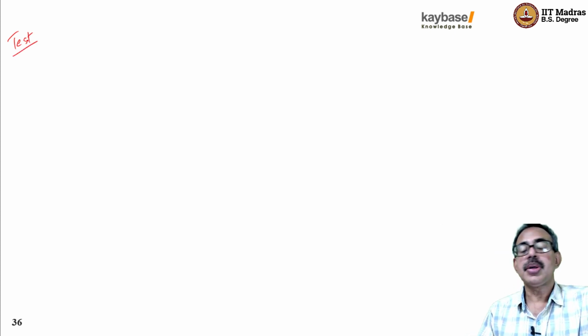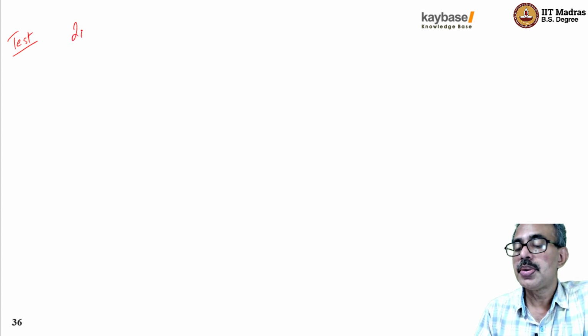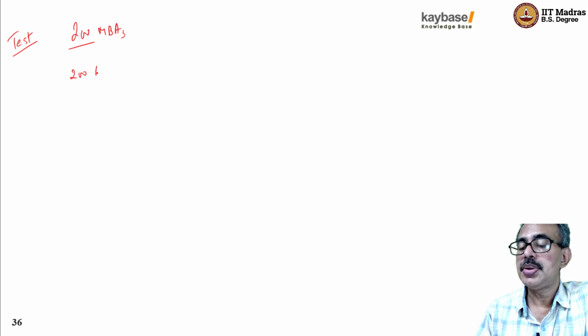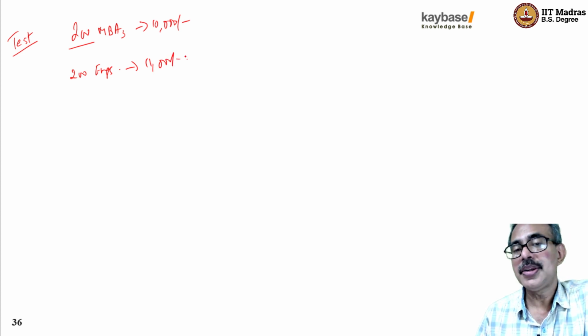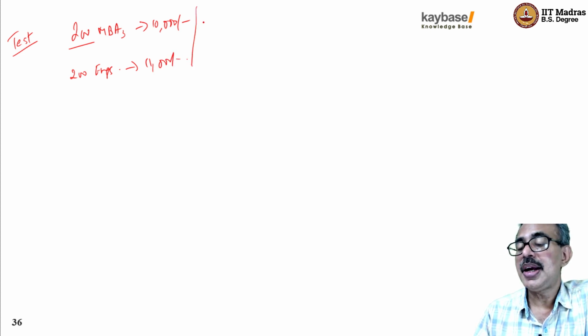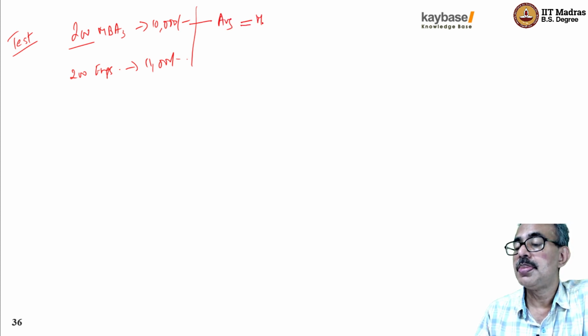So we did a study amongst 200 MBAs and 200 engineers, and we found the average income as 10,000, and now let's say 11,000. Right? Now this is an average income. So it is equal to mean.